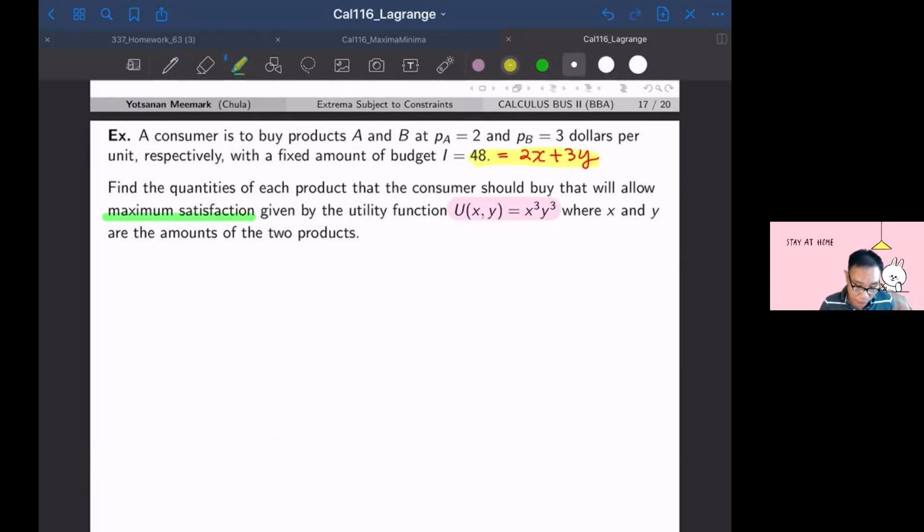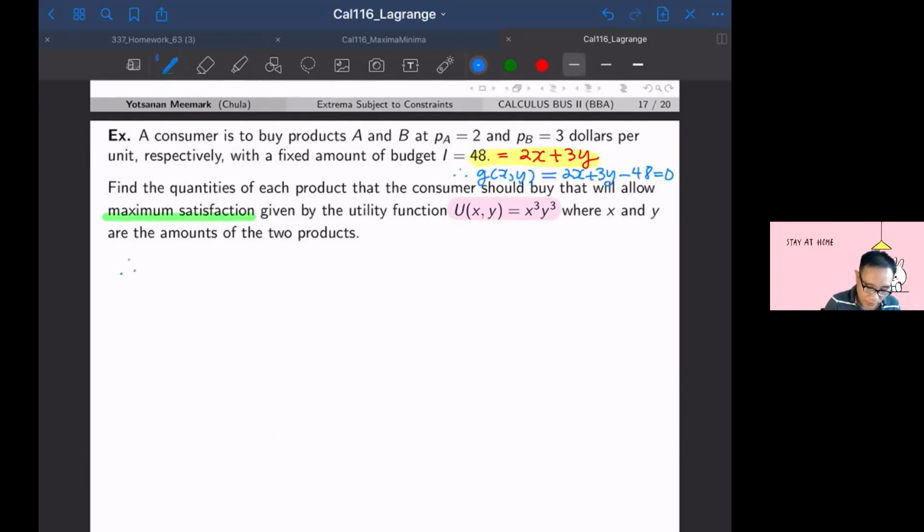So this one again, you have maximize subject to the constraint that you buy 48 equal to 2x plus 3y. So in this case, you're gonna have your g(x,y). So you have g(x,y) equal to 2x plus 3y minus 48 equal to 0.